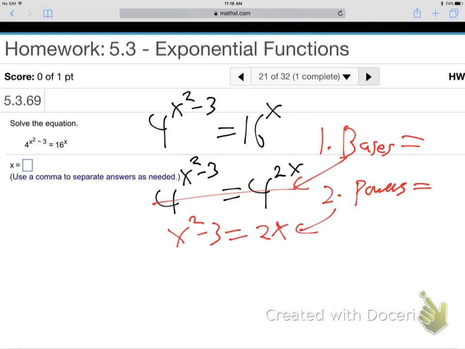Powers are now equal. Can you solve that? So go ahead and solve that now. It's an x squared equation. You know the game plan, get a 0 and factor.